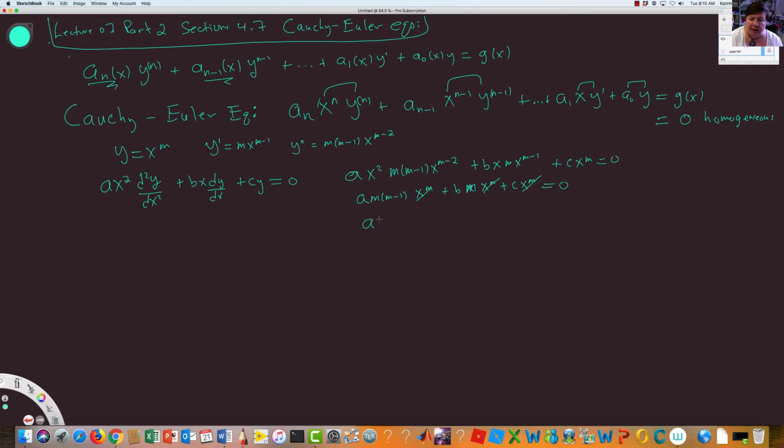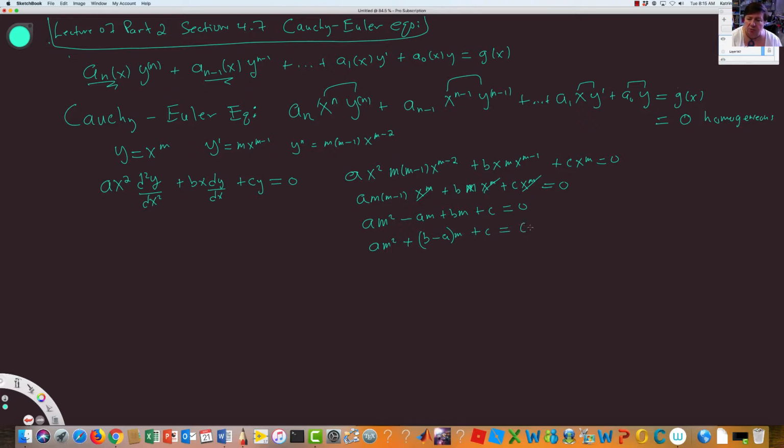And I'm going to write it out: am squared minus am plus bm plus c equals 0. And just writing it in the standard form for a quadratic equation: am squared plus b minus a m plus c equals 0.